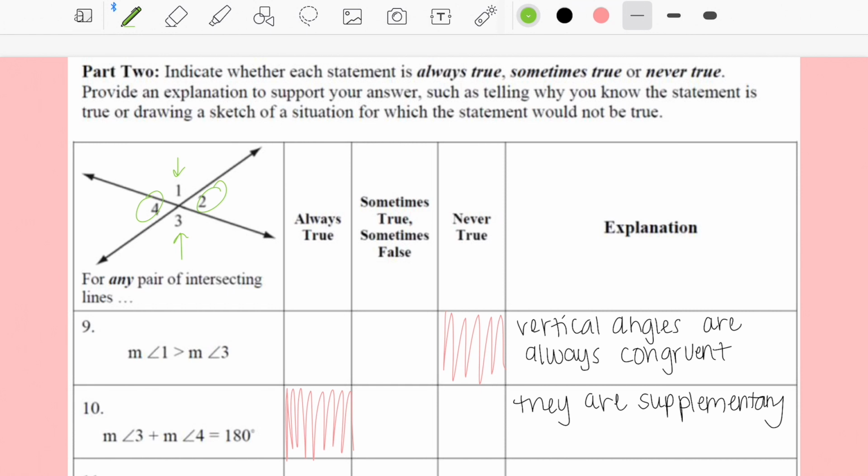They can definitely sum to more than 180. So that is only going to be sometimes true, because angle 4 and angle 2 could be obtuse sometimes. And remember, obtuse means that they're greater than 90 degrees.